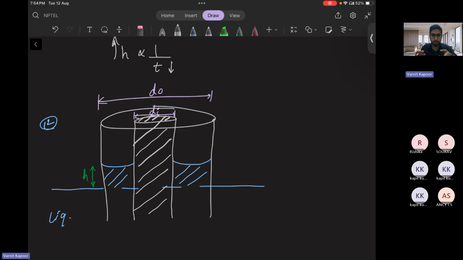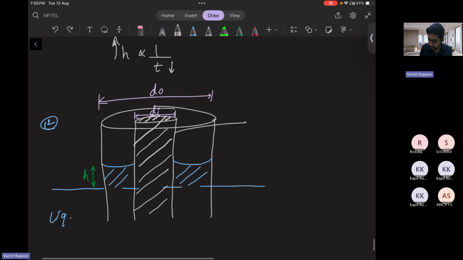So follow, hollowness is inside this region. Again, it will show some wetting scenario. So surface tension sigma will act again. Sigma. Here also sigma.